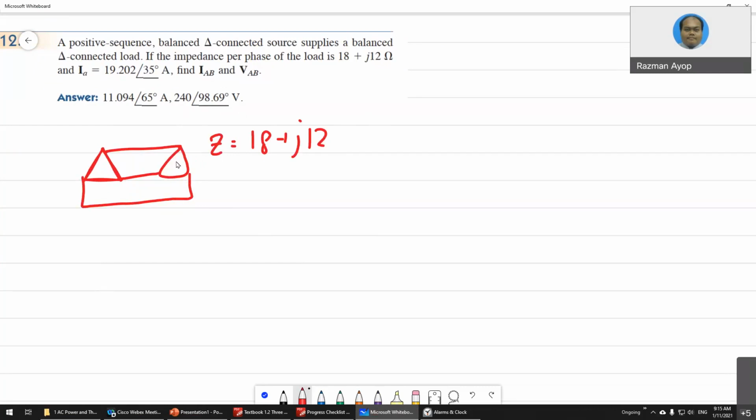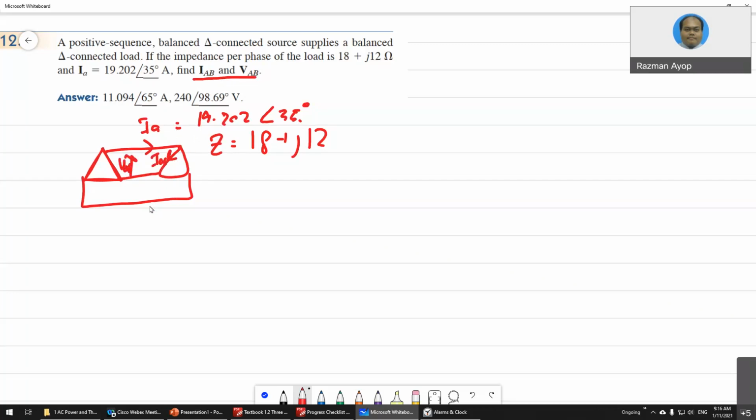This is IA, and IA is equal to 19.202 angle 35. It wants you to find IAB and VAB. So you have to find IAB and VAB.